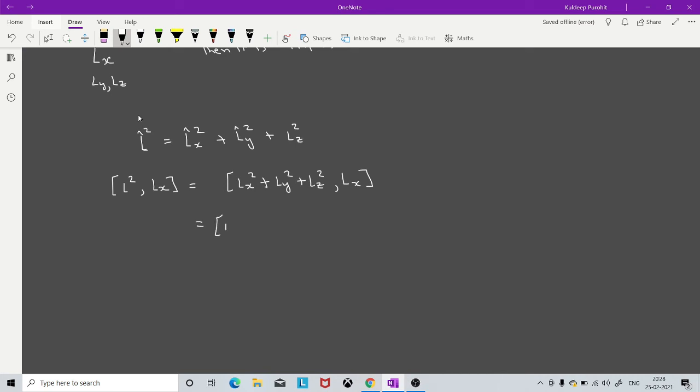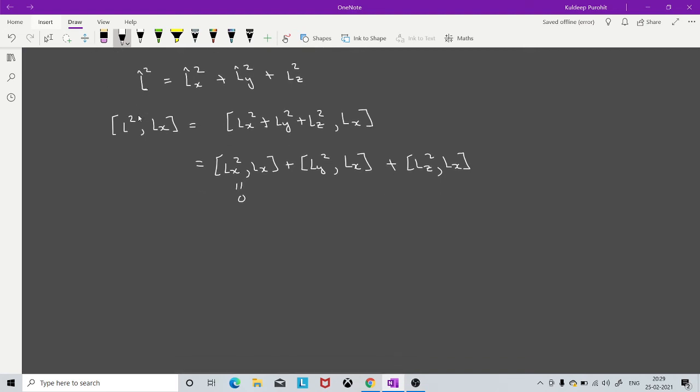So the first term is Lx square comma Lx, plus Ly square comma Lx, plus Lz square comma Lx. Lx with Lx will be equal to 0.